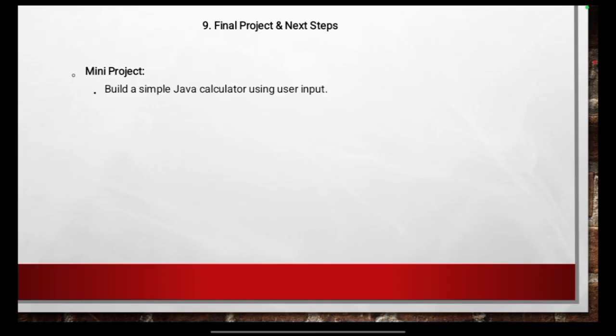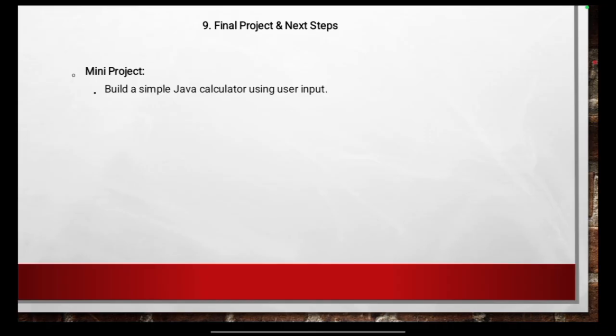The project uses the Java Scanner class to handle user input from the console. The program begins by prompting the user to enter two numbers. After that, it displays a menu asking the user to choose an operation, for example plus, minus, multiplication, divide.